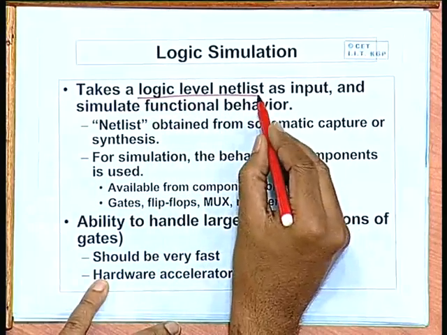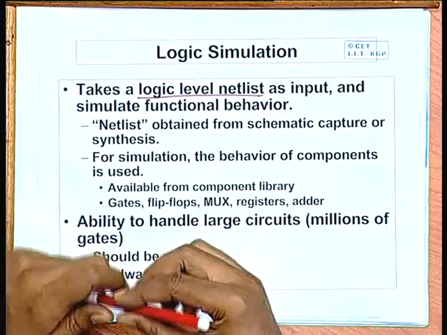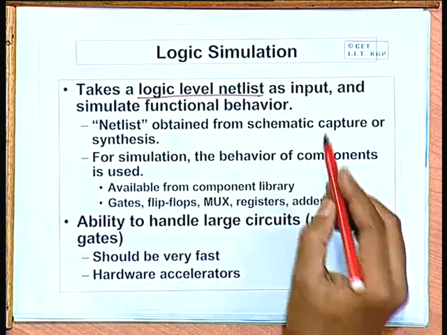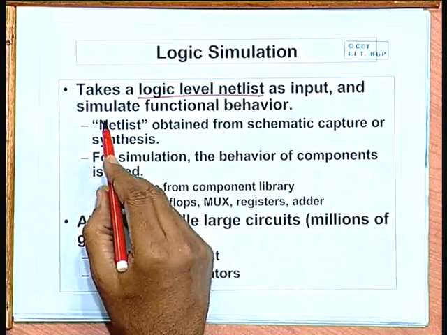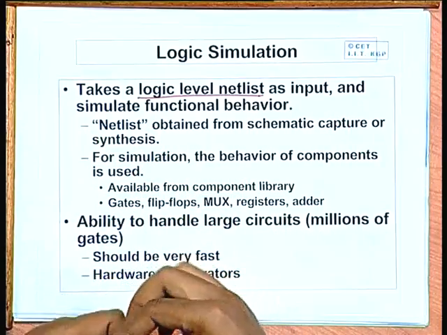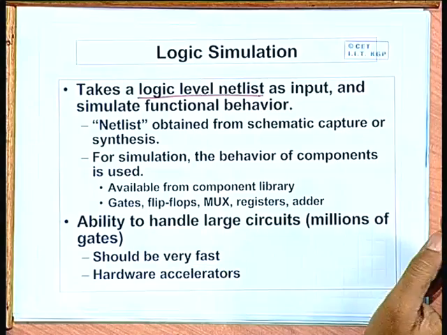Logic level netlist means a netlist comprising of gates and flip flops, and it simulates the functional behavior. Functional behavior means most commonly we would like to see whether the input output specifications are correct, that if we give a particular input to the circuit, what is the expected response or what is the response that we get.